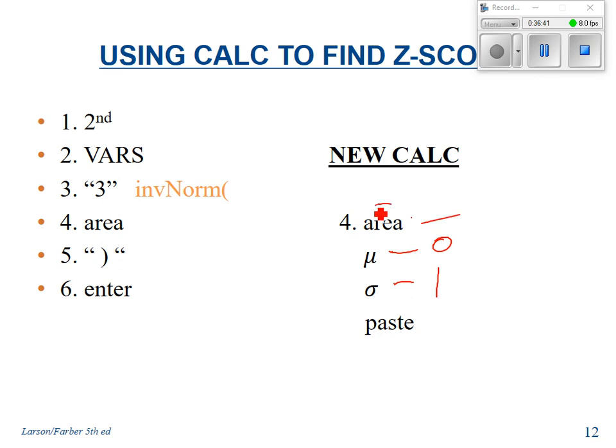Remember, this area always has to be the area to the left. Same idea as using the chart, you're going to find the area to the left, and last time we found negative 1.96. But we didn't just want that number. You have to remember we also want the positive 1.96 because we're looking in the middle.